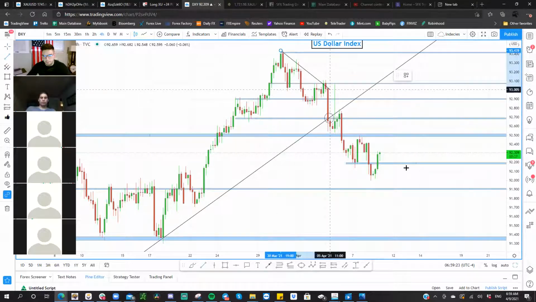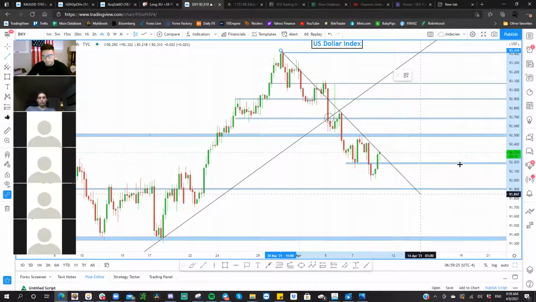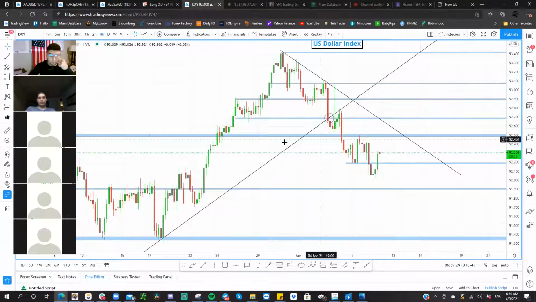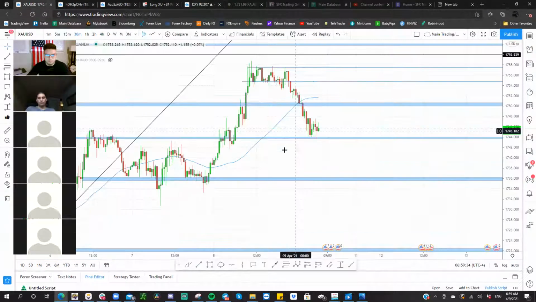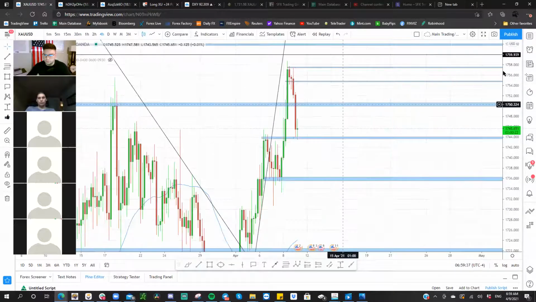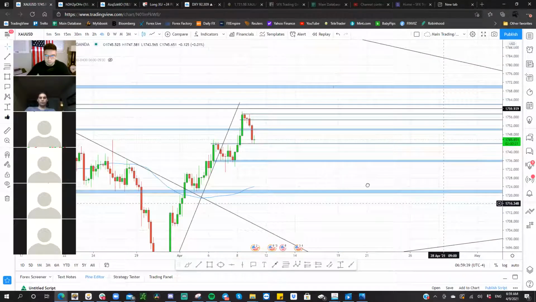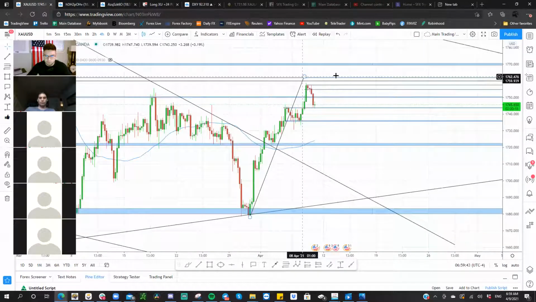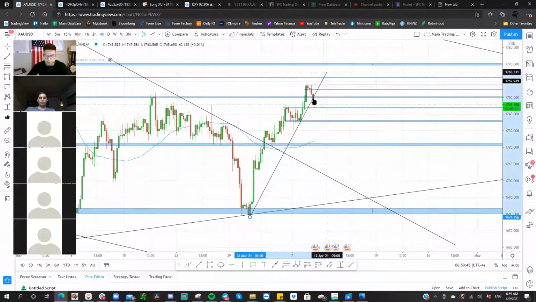Gold is heading up. Gold probably just forming support over here. Are we close below this trend?